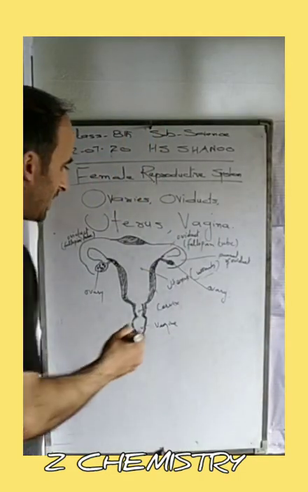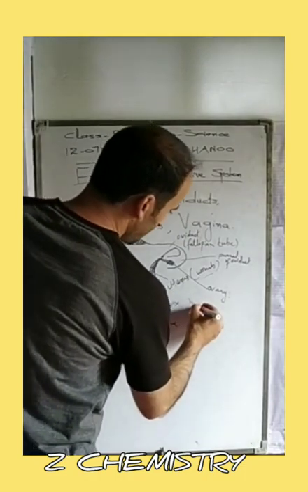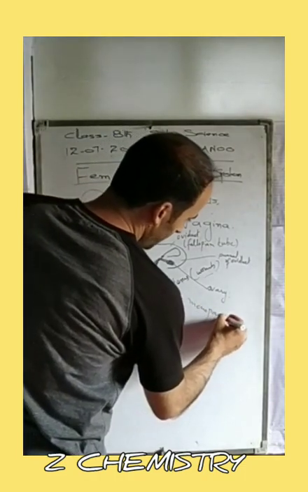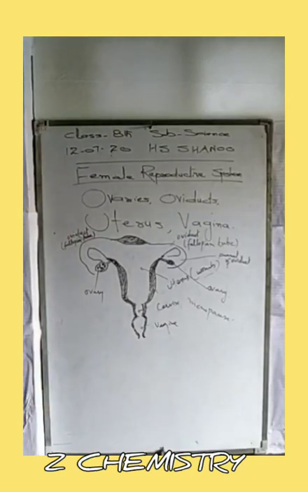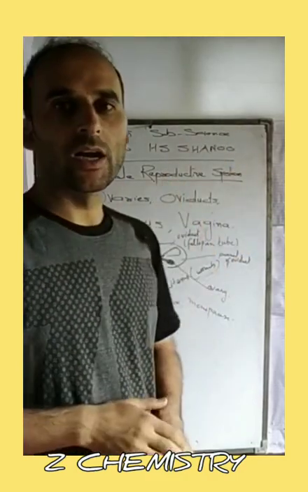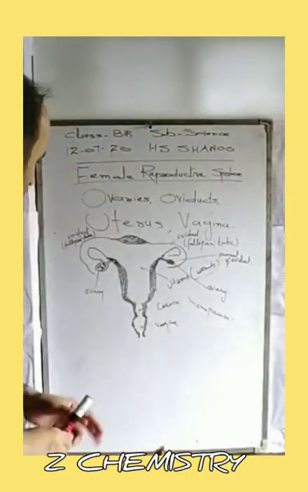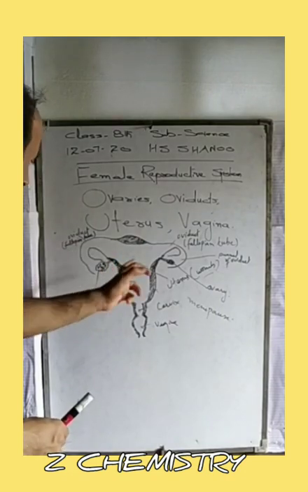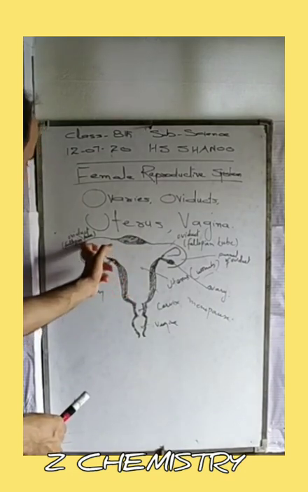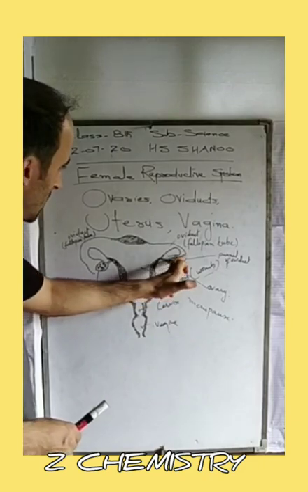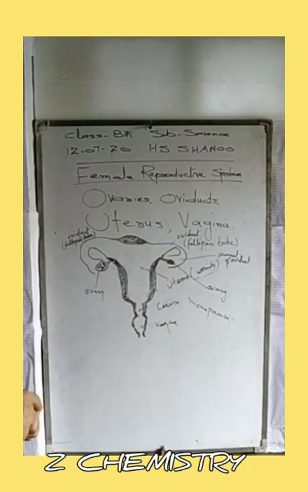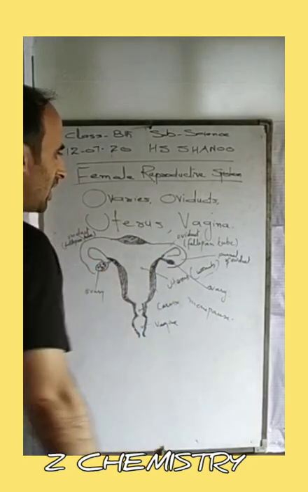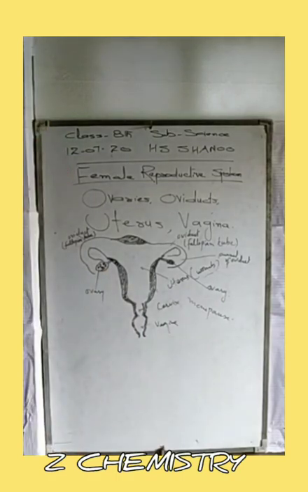That period is called the menstruation cycle. This cycle comes after every month, or every 28 days, and these eggs find their way from each ovary into the uterus through a channel called the oviduct, also called the fallopian tube.